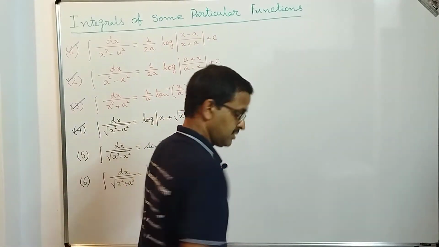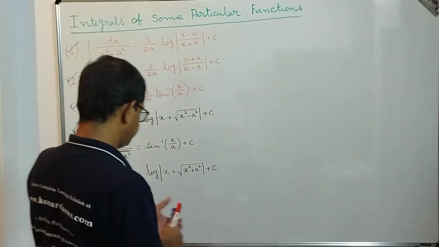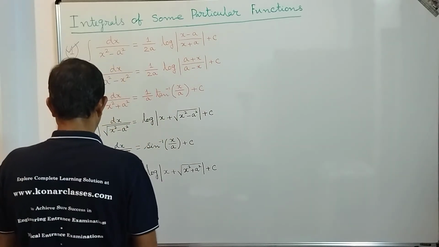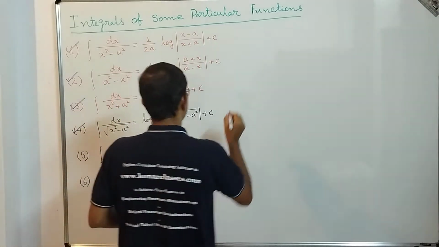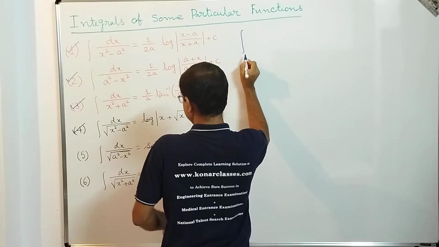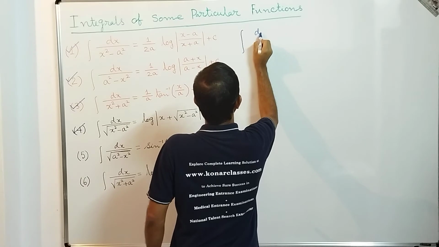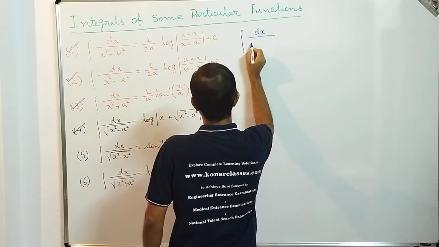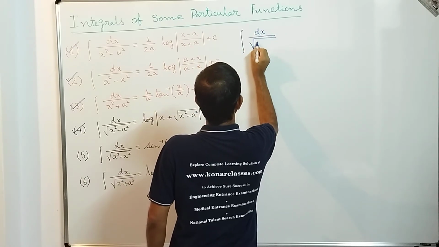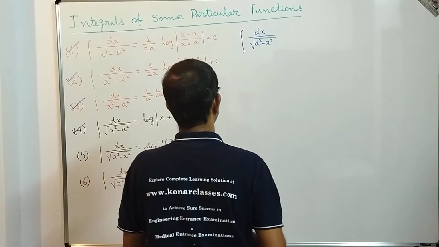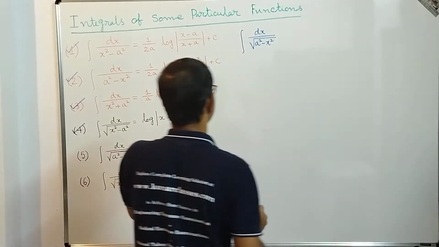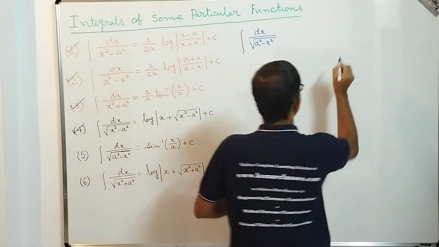The fifth one is the integration of dx by square root of a square minus x square. So what kind of substitution can you think of here, dear students?